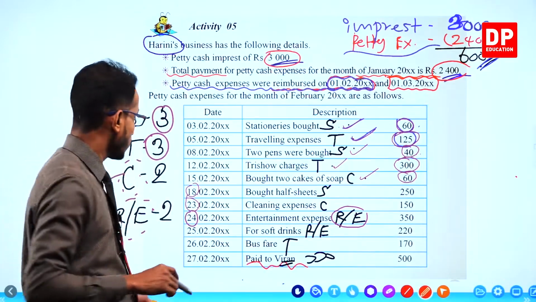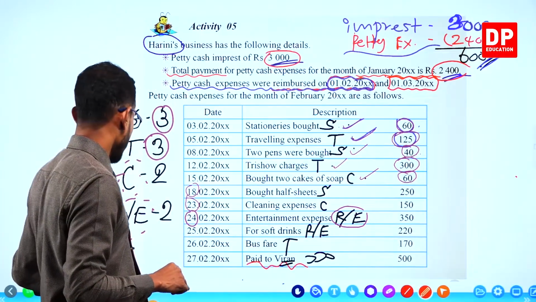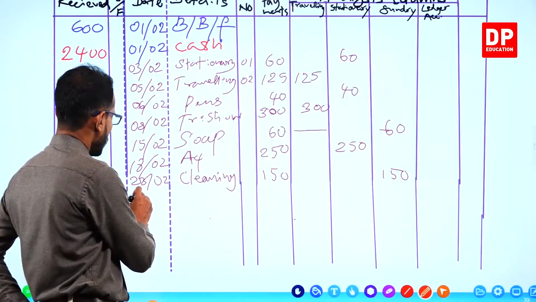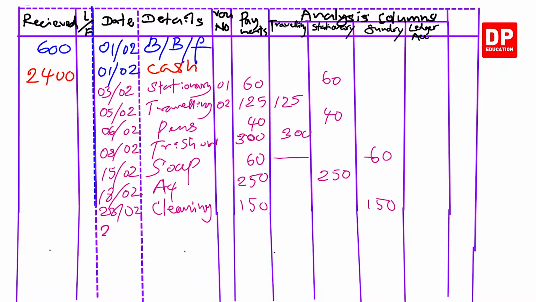Both are entertainment expenses, 350, 220. So I will write 23rd entertainment, just in short, 350 in the payments column and in the relevant column, which is the sundry column.